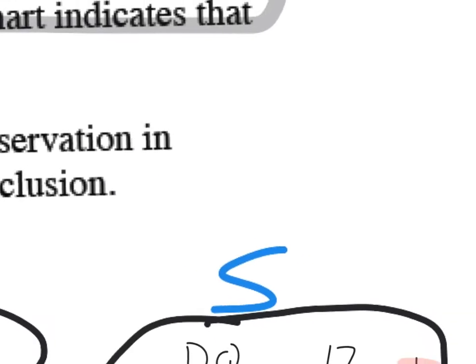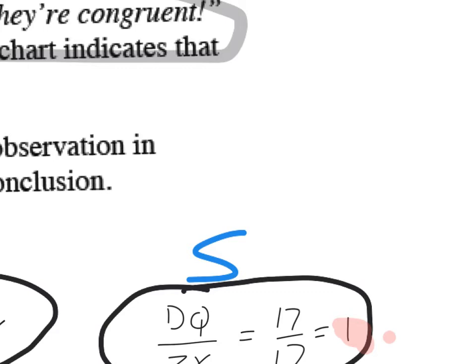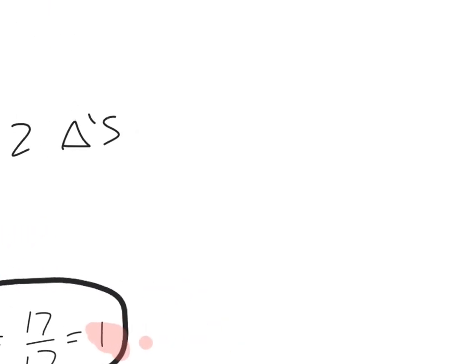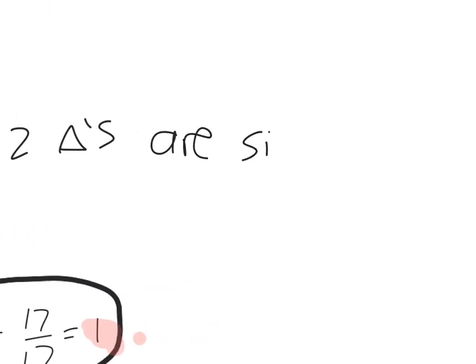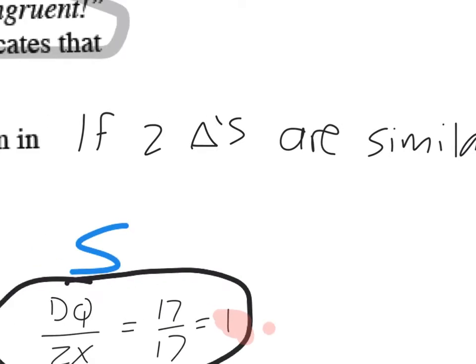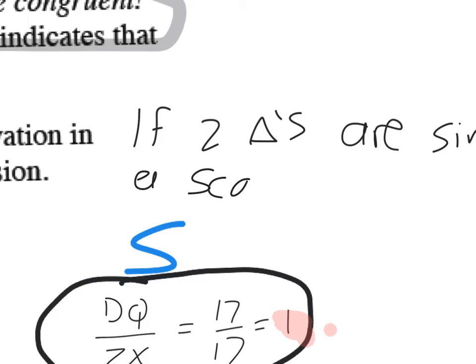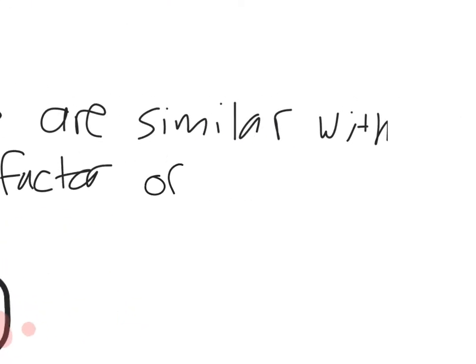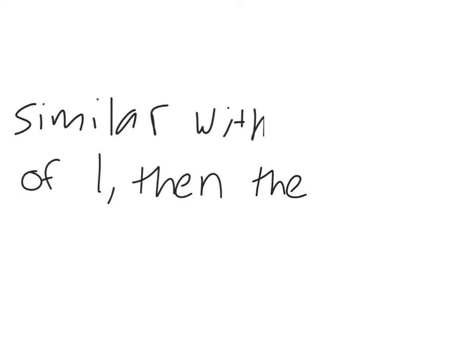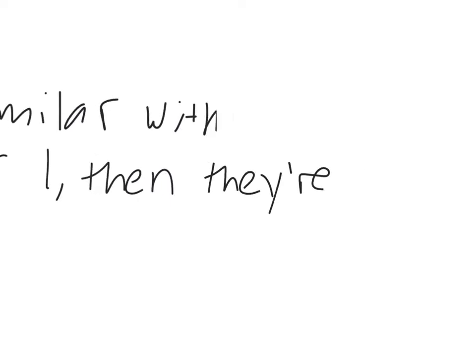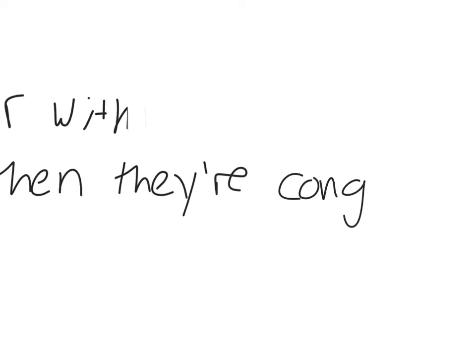This is something worth writing down in your notebook or in your notes: if two triangles are similar with a scale factor of 1, we're not just going to say that they are similar, but we're also going to conclude something more specific, in the fact that they are congruent to one another.